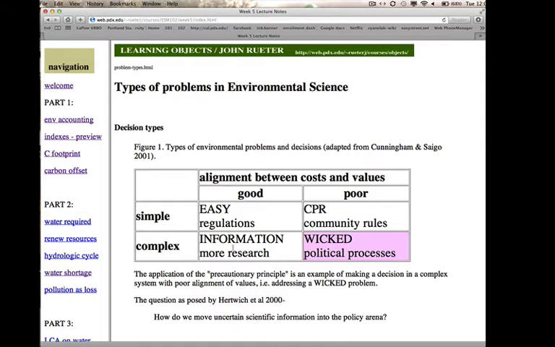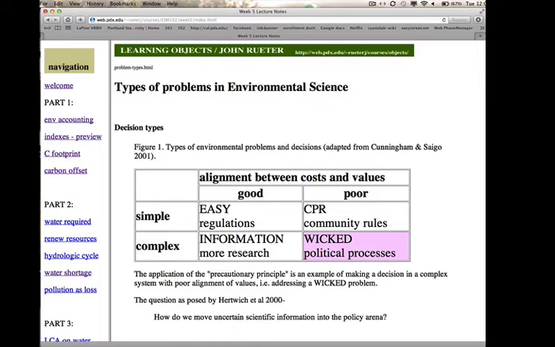And so setting up a way to gather the information and make that decision is really key here. The other examples of these four types of problems: for easy problems for regulations, we would use an accounting system, I'm sure, to follow whether we were really making the changes we thought in the environment. And for community-based problems, we might use accounting methods to collect information on people, but it's not a really key process there.